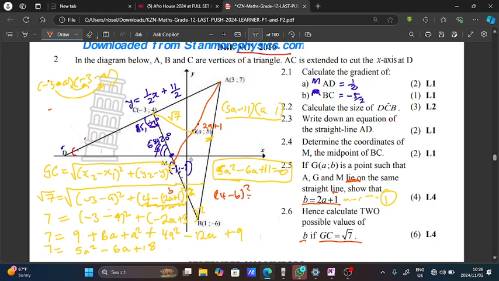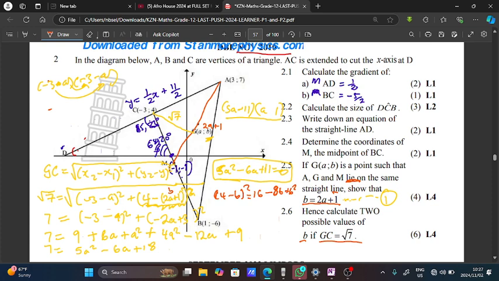What do you get here? This will be 16 minus what? Minus 8b, I get, plus b squared. Can you see that?